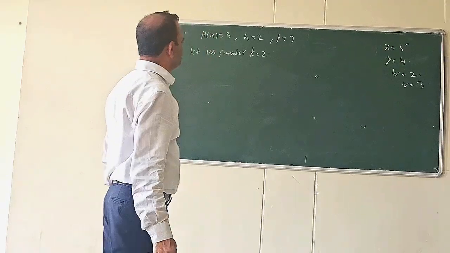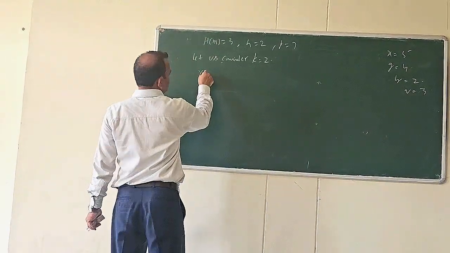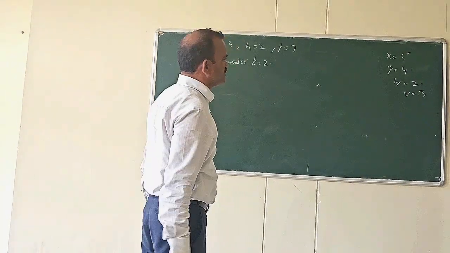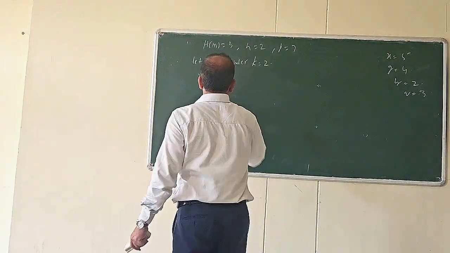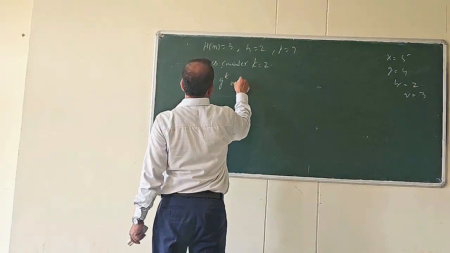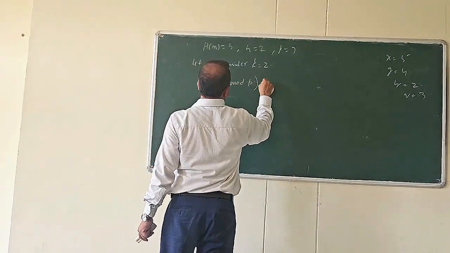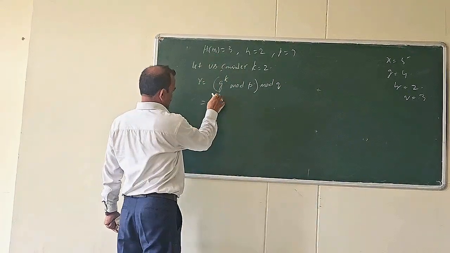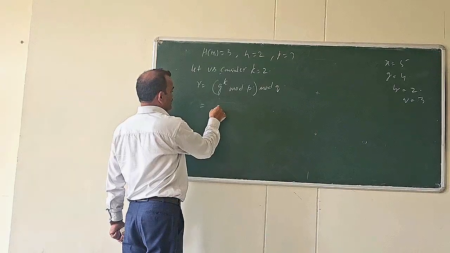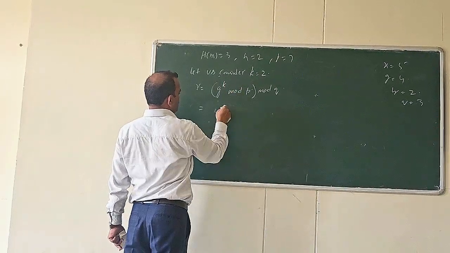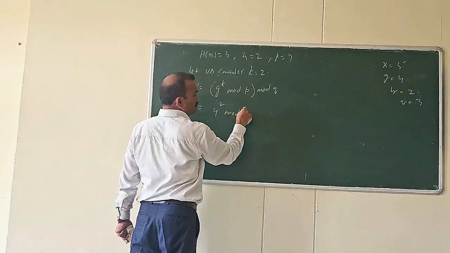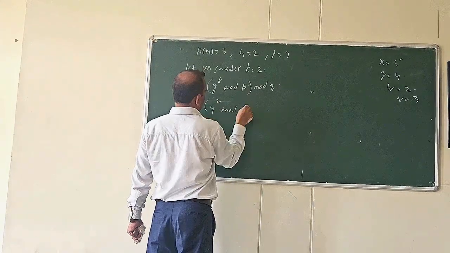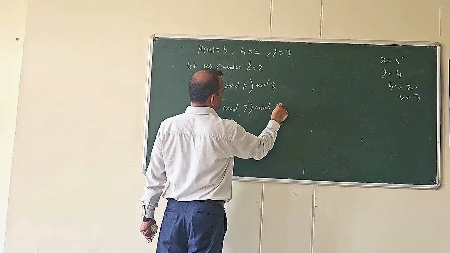So in the sign algorithm, r equals g power k mod p, mod q. Now we substitute the values: g is 4, k is 2, mod the prime number 7, mod q is 3.